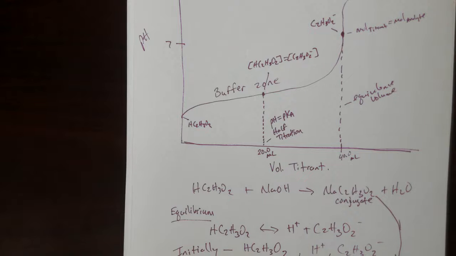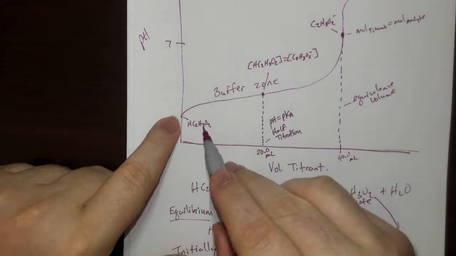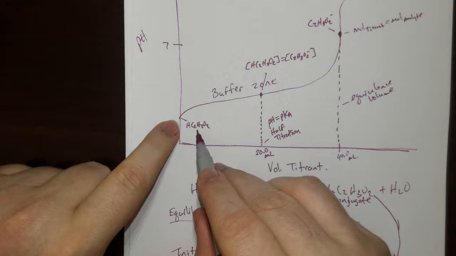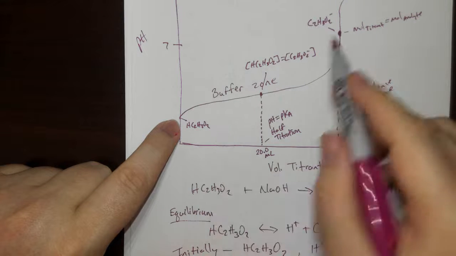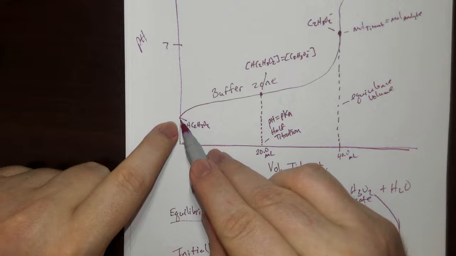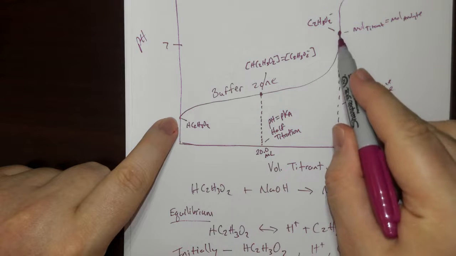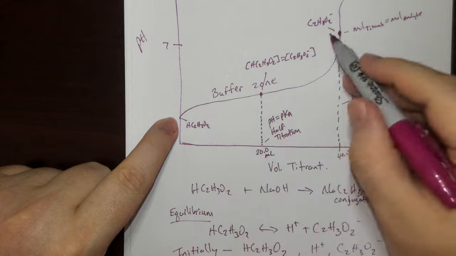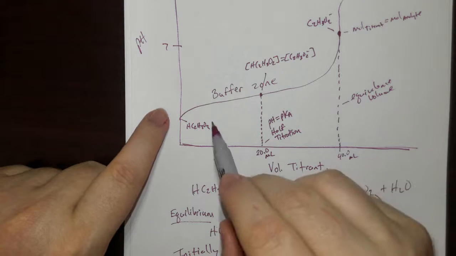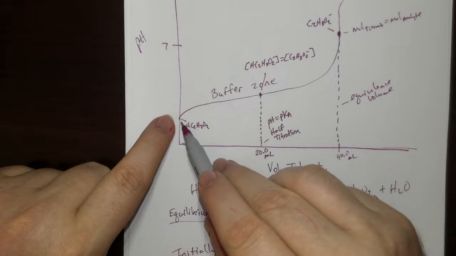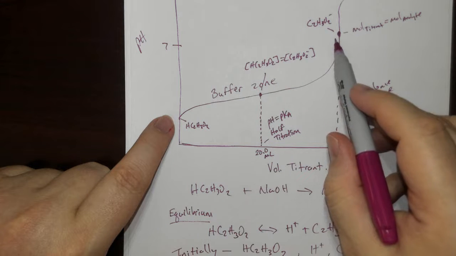And what about the points in between? Well, the acetic acid is constantly on the way down. Just think about this in common sense terms. You're going from all to none, kind of following this pattern, while your acetate is on the rise. It's going from 0 to all.